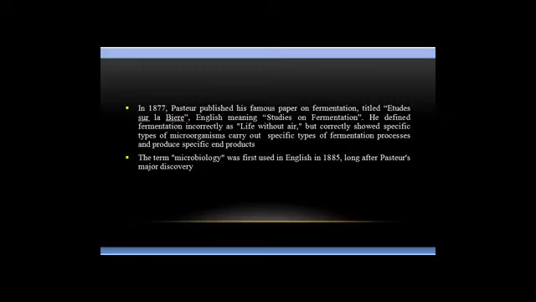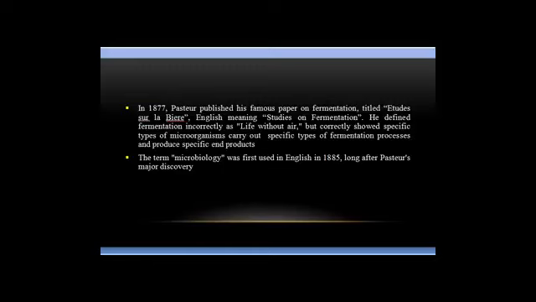In 1877, Pasteur published his famous paper on fermentation entitled Studies on Fermentation. He defined fermentation incorrectly as life without air, but correctly showed that specific types of microorganisms carry out specific types of fermentation processes and produce specific end products.